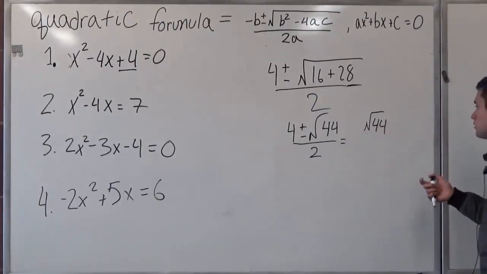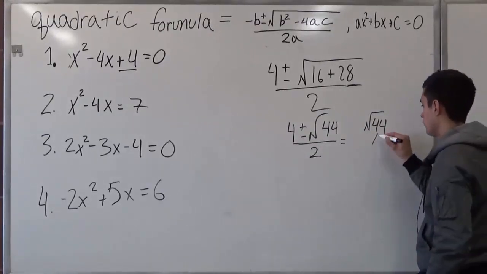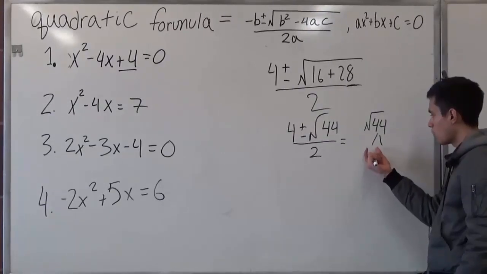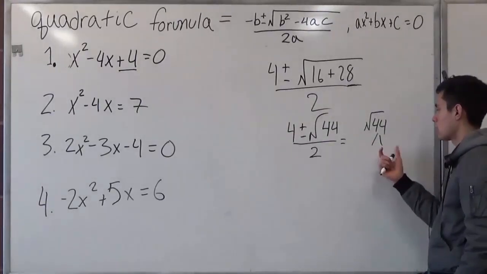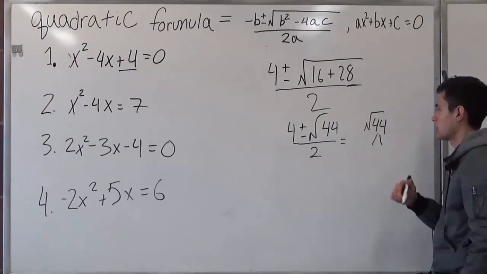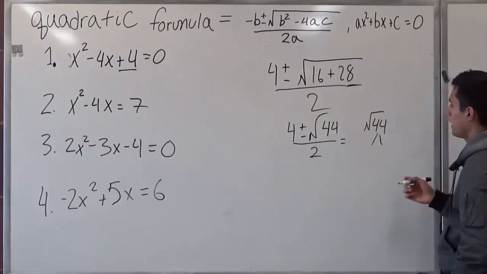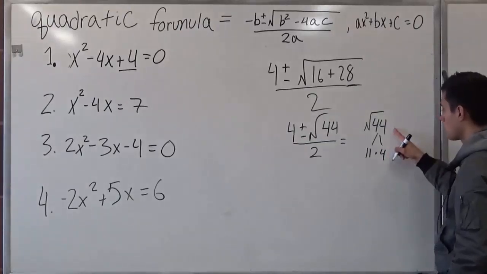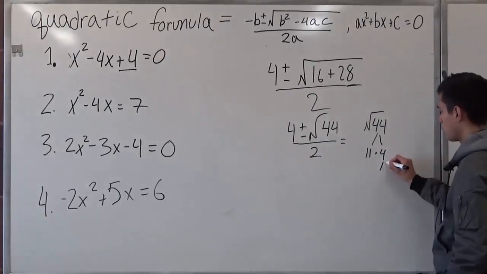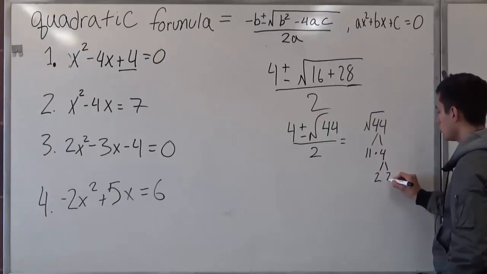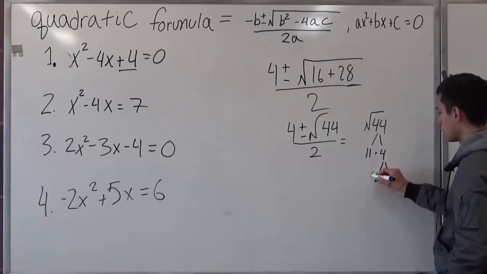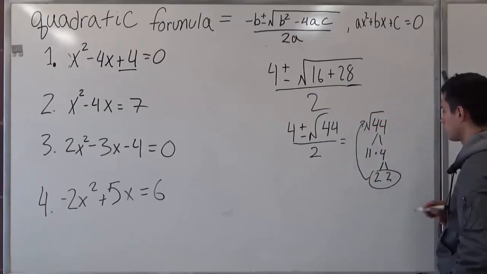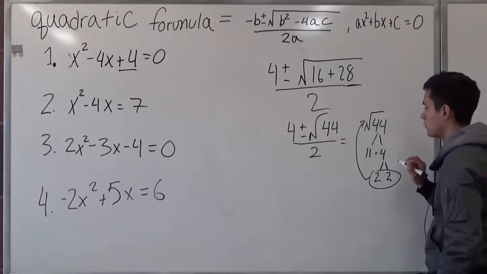So in order to get this in simplified radical form, we have to see what times what will give us a common number so that we can move on the outside. So off the bat, I already know that 11 times 4 gives us 44, and 4 is 2 times 2. 2 and 2 are common, so that gets pushed on the outside of the radical, and the 11 stays inside the radical.